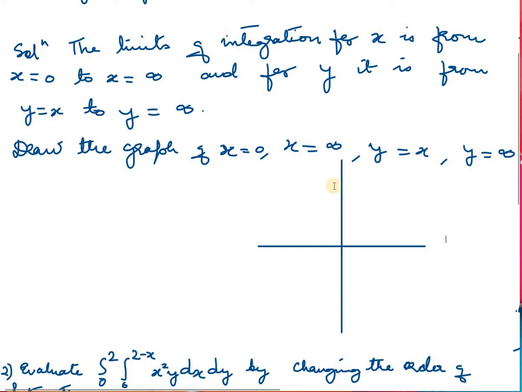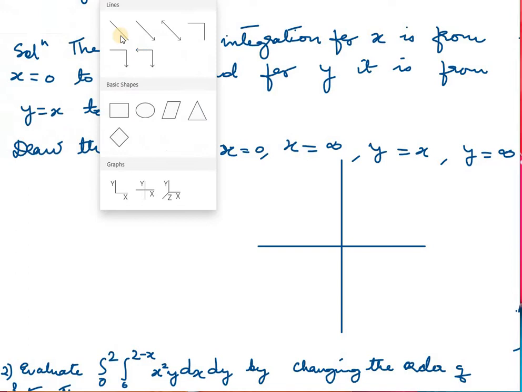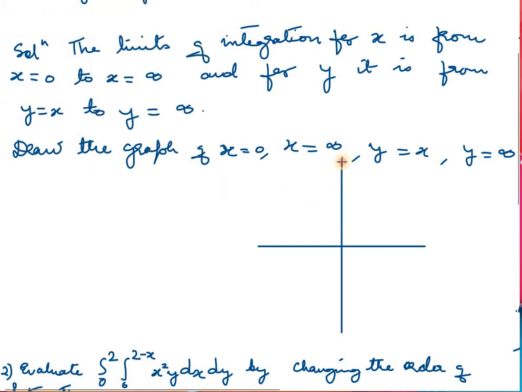Now what is x is equal to 0? X is equal to 0 represents a straight line which is along the y-axis. So this one represents x is equal to 0, and this is actually the y-axis.